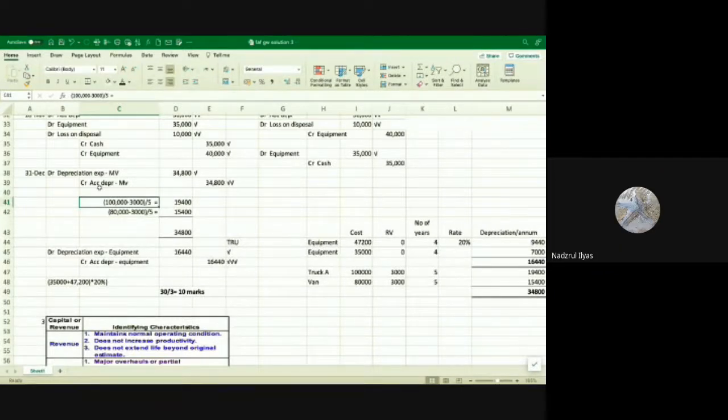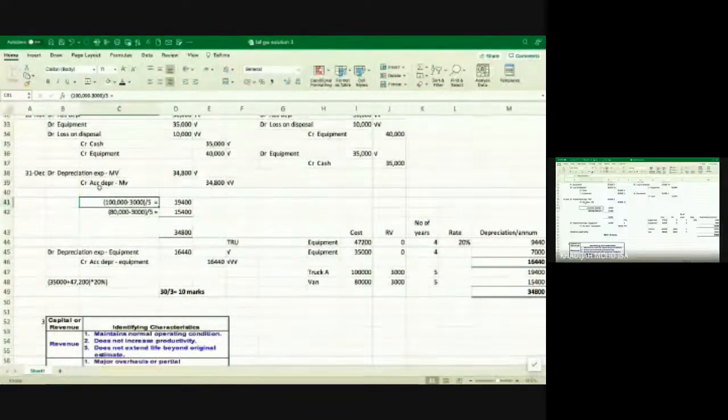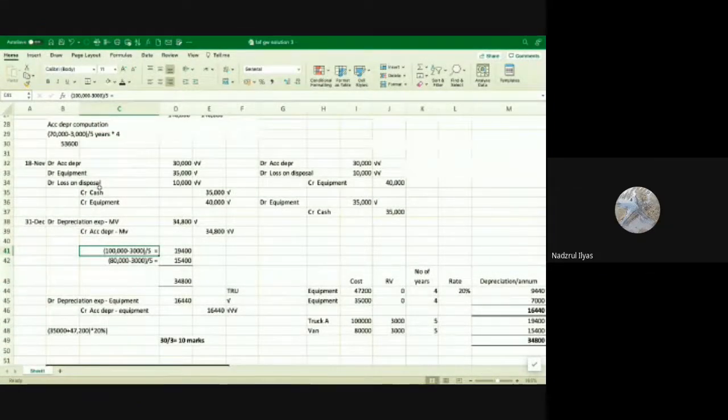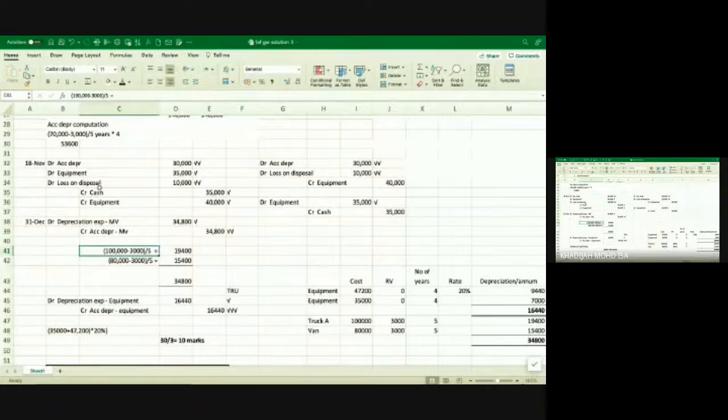We minus the depreciation to get the value out, right? Or are you saying the loss or gain on disposal? Yes. Oh, okay. So you do the first one. So immediately you have those 5 lines there. Yes, madam.